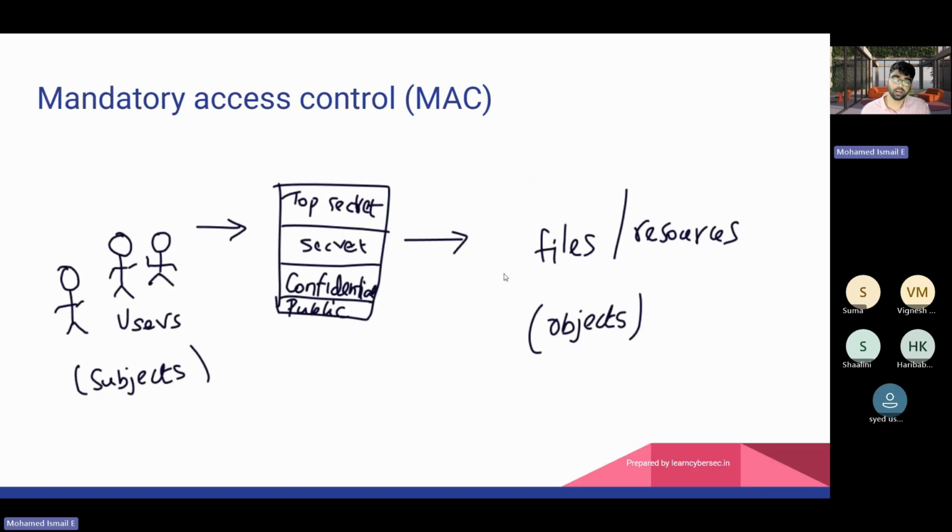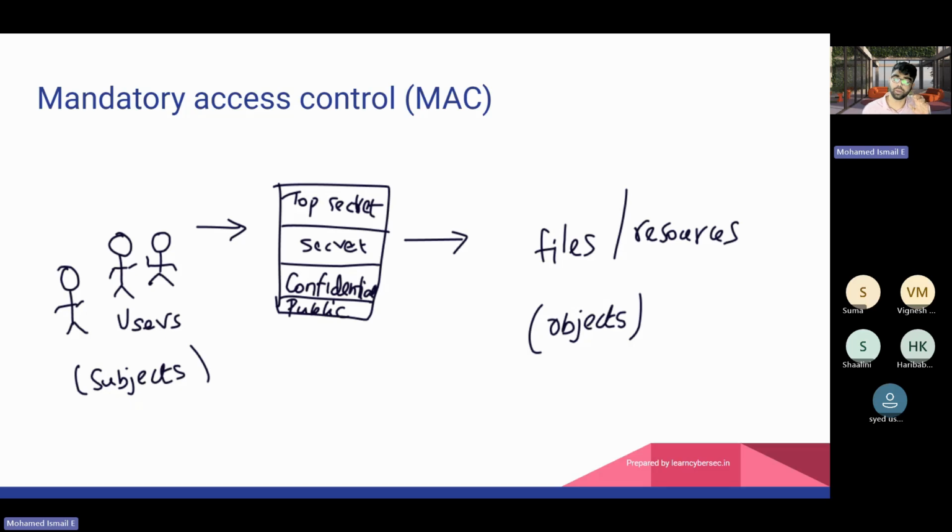The next one is mandatory access control, which is called MAC. MAC is primarily used in the army. It came from the army or traditional government agencies. They classify files as secret, top secret, or confidential.